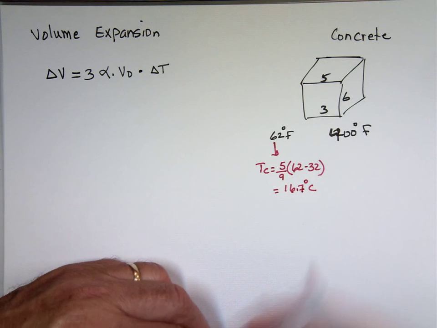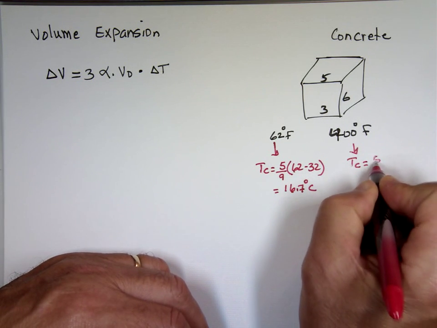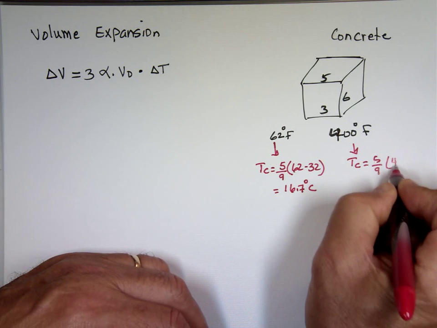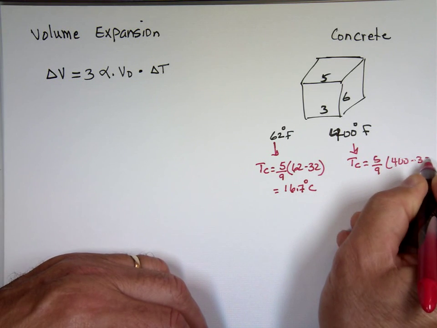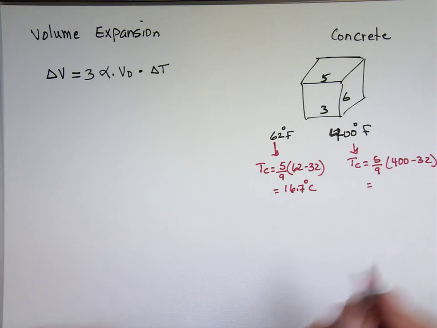And this one in Celsius, 5 over 9 times 400 minus 32, and that's 204.4.